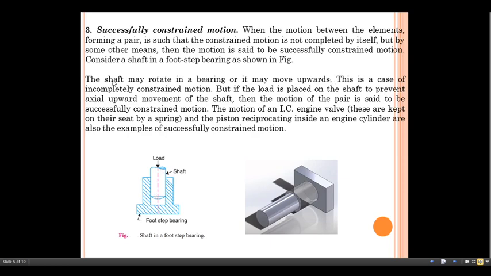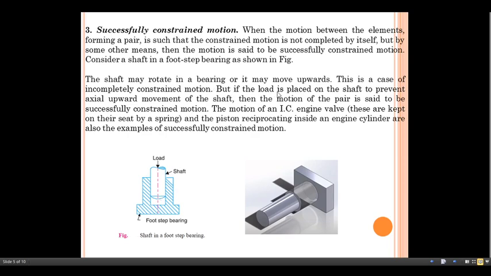Okay. Now if you observe here, the shaft may rotate in a bearing or it may move upwards. This is the case of incompletely constrained motion because the motion takes place in more than one direction. Okay, this will move in upward direction, at the same time this will rotate about its own axis.